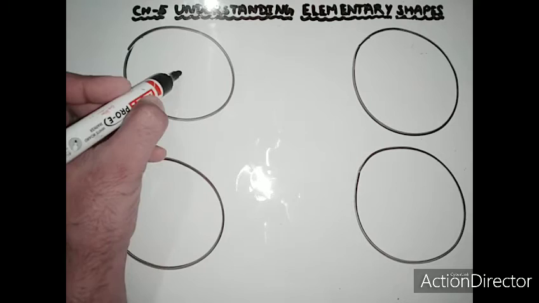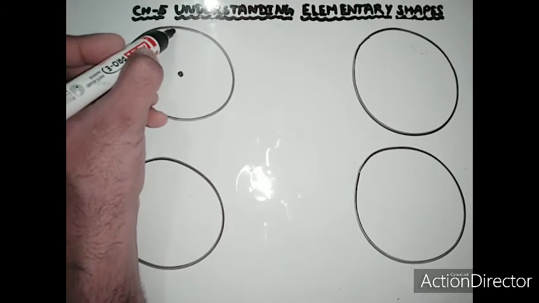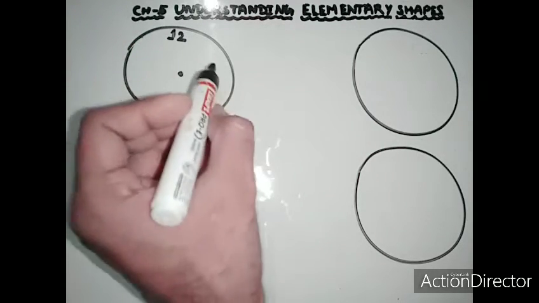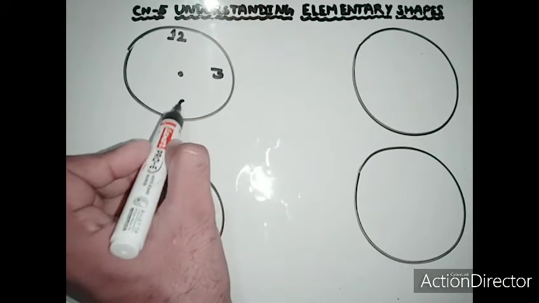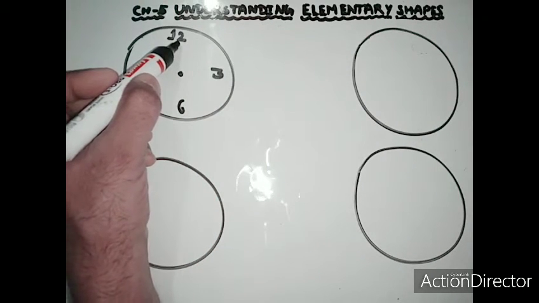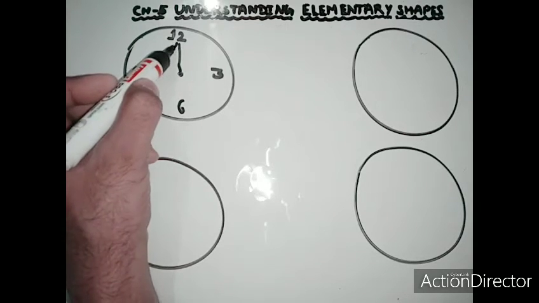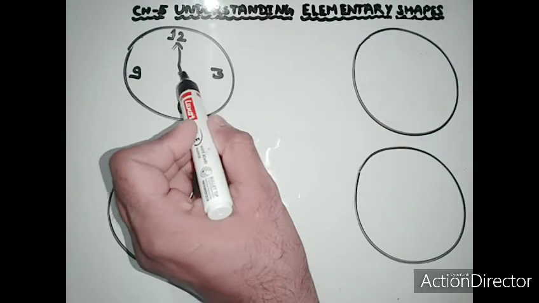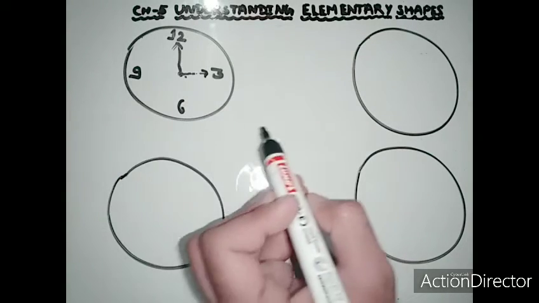So now here we take the first case, and here we write 12, 3, 6 and 9. So when the minute hand moves 12 to 3, right?